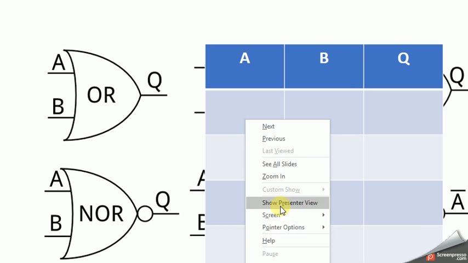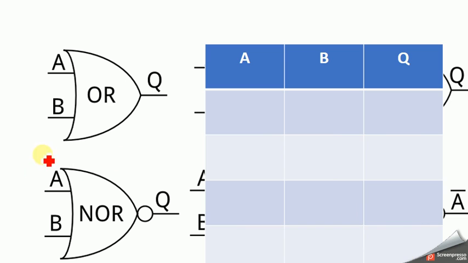Okay, so if we had 0 or 0, normally on an OR gate that would be 0, but in this case, notice we've got a NOT here. And what does a NOT do? Yes, it reverses it. So 0 and 0 would actually equal 1.